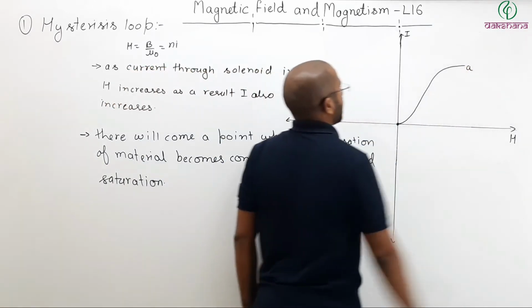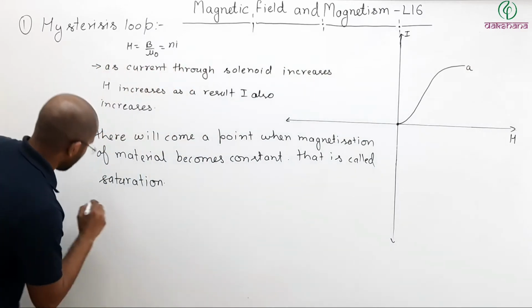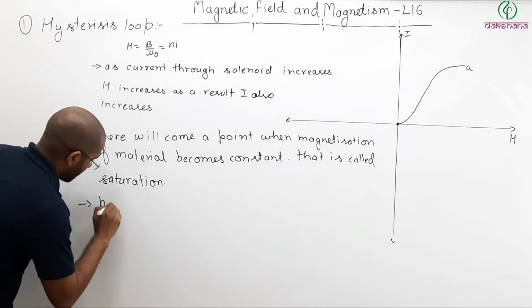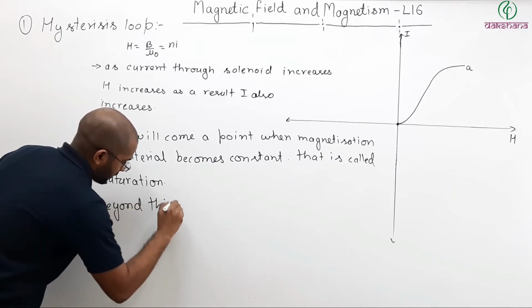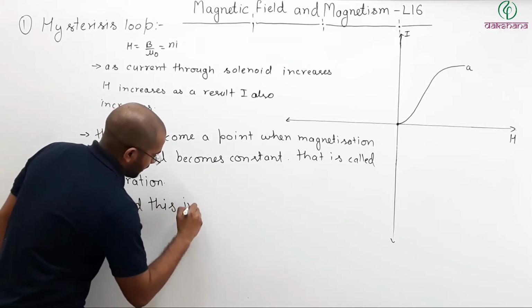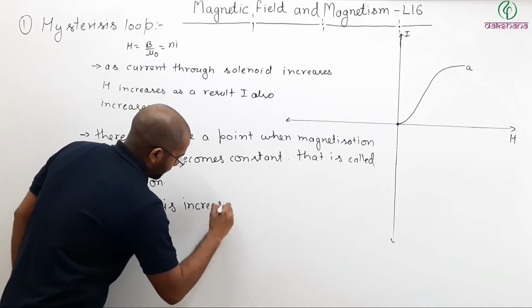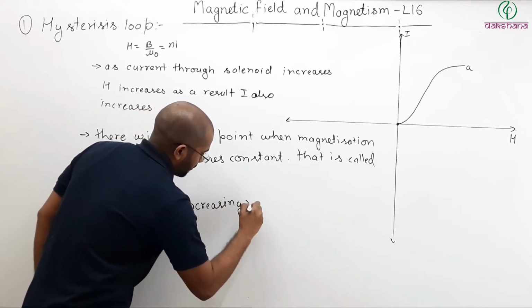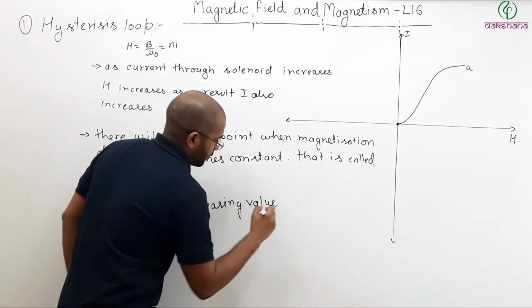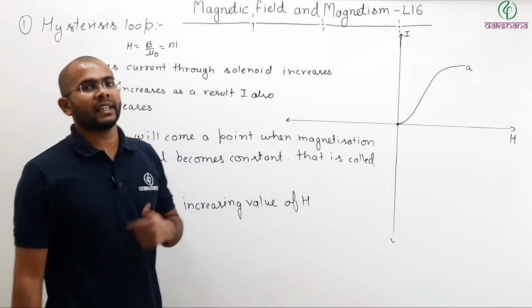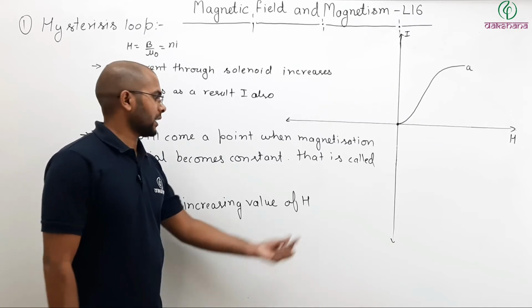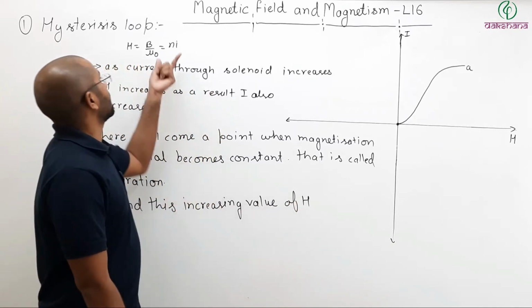Let us write that as point A. So you can say beyond this increasing value of H. What is H? H is your magnetic intensity vector. Magnetic intensity depends upon your current.